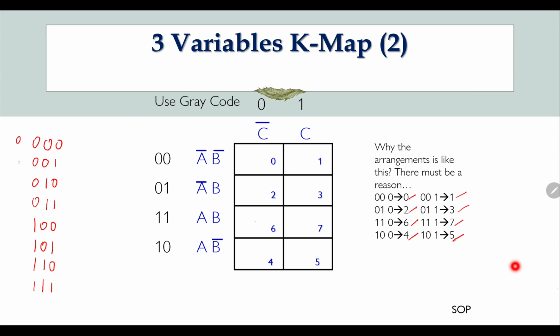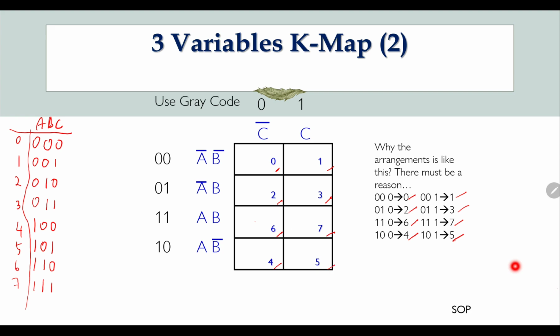These come from numbers 0, 1, 2, 3, 4, 5, 6, 7. So you see the arrangement, where this one is A, B, C. In the truth table, it starts from 0 here, then 1, 2, 3, 4, 5, 6, 7.